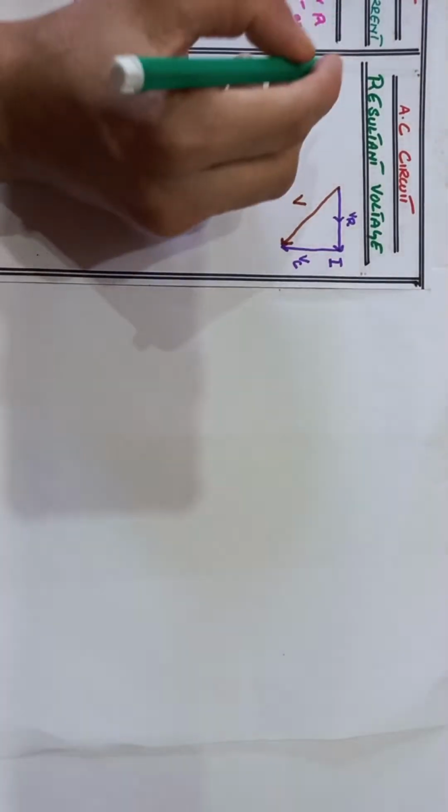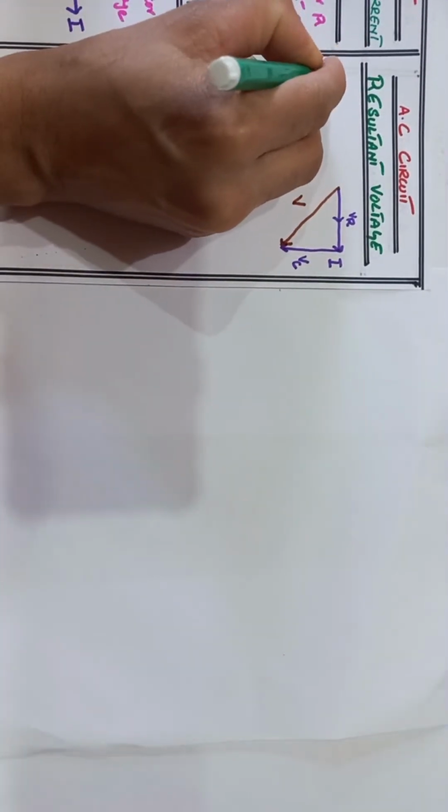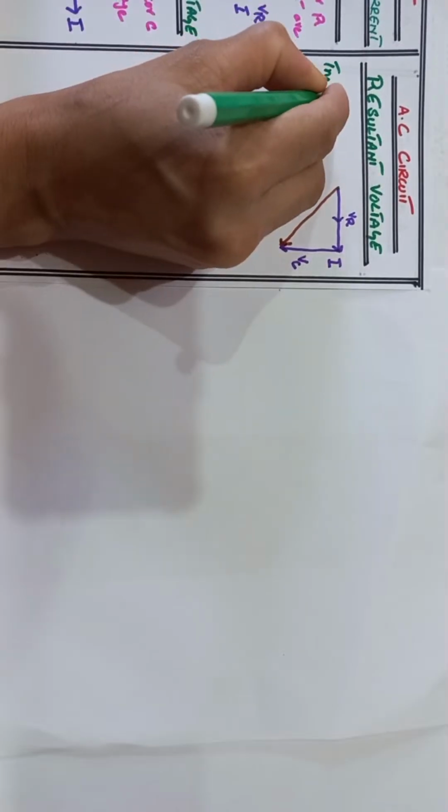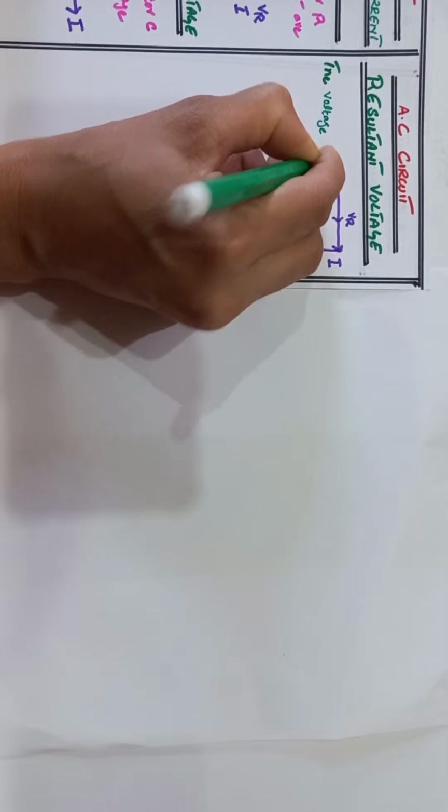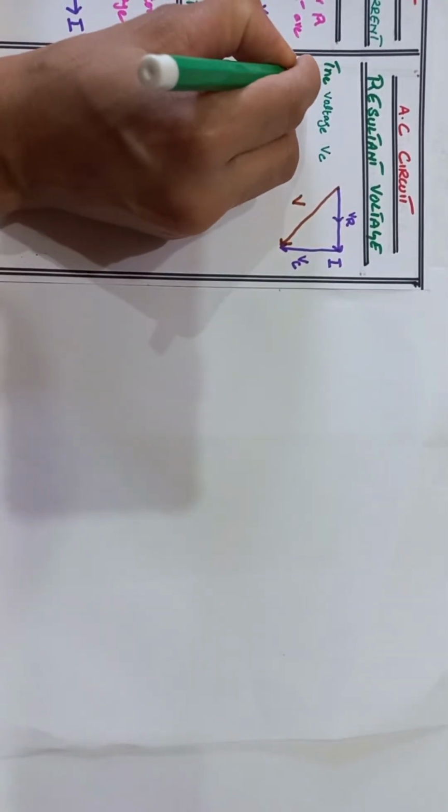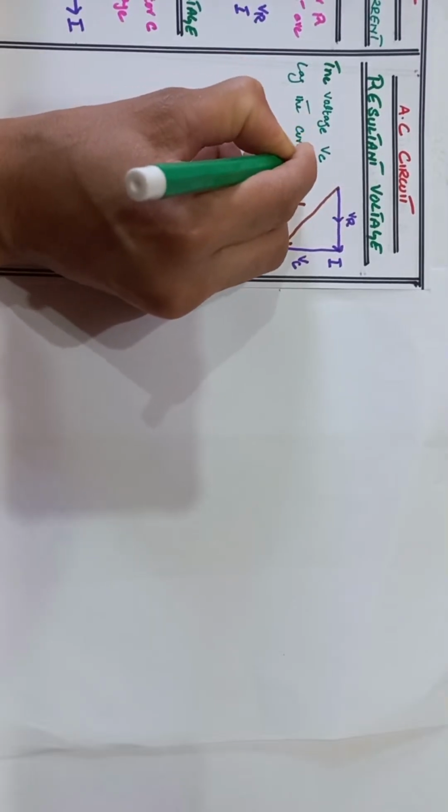So here we write about the diagram. The voltage VC lags the current by 90 degrees.